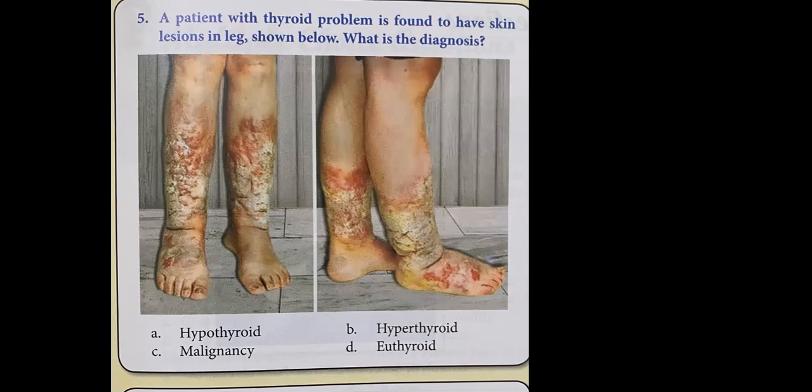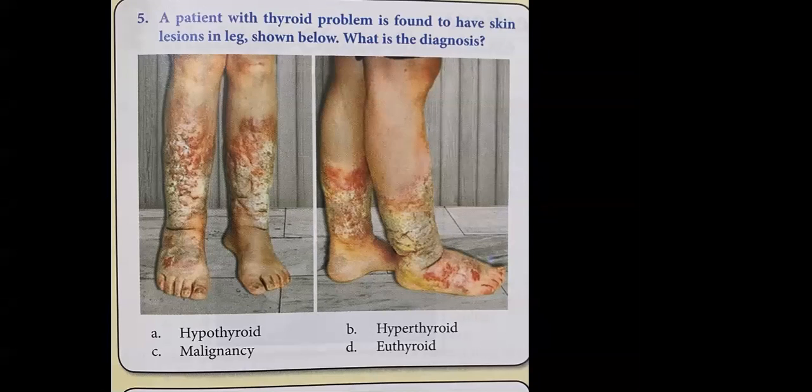Where do you get the cricothyroid muscle? Yes, it is one of the intrinsic muscles of the larynx, which is a tensor of the vocal cord. Only tensor. It maintains the pitch of the voice.